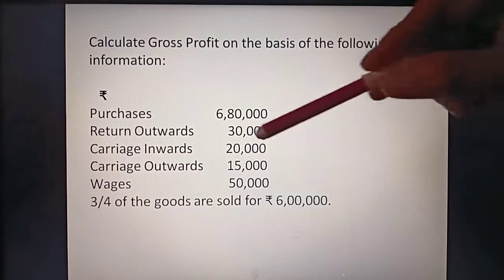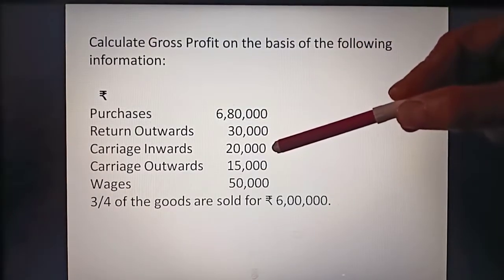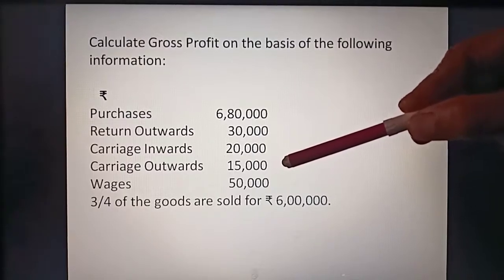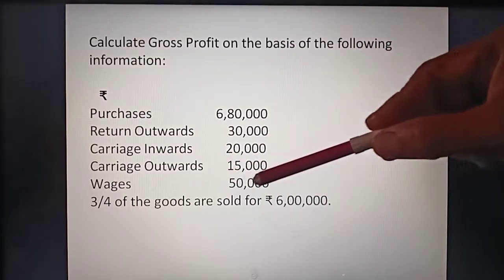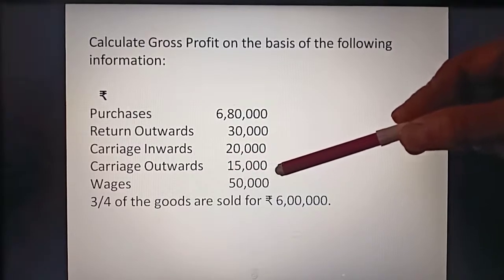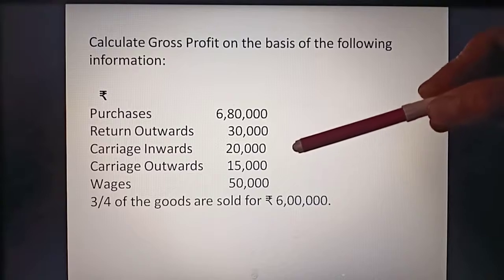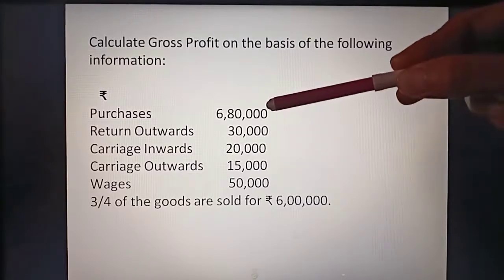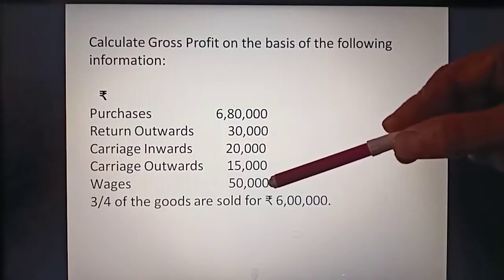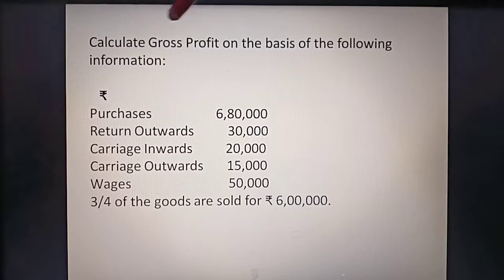Now see here. Carriage inward is our direct expense, but carriage outward is our indirect expense. So carriage outward will be shown in the profit and loss account, and here we will ignore it. We will only take purchase, return outward, carriage in and wages for calculating cost of goods sold, because we have to calculate gross profit. So for gross profit, first we have to calculate cost of goods sold.